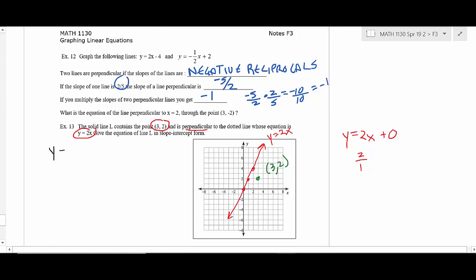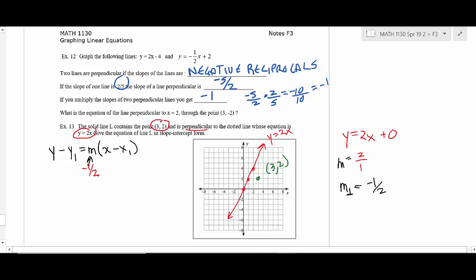You use the slope-intercept or the point-slope formula, like this. Now, if the slope of the line is 2, what is the slope of the perpendicular line going to be? -1/2, right. Don't forget to put the negative in there. I see students do that a lot. So yeah, the slope of the perpendicular is -1/2.